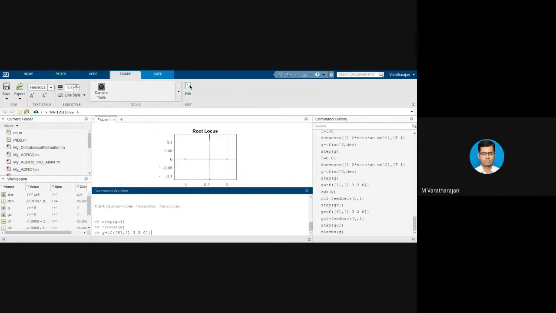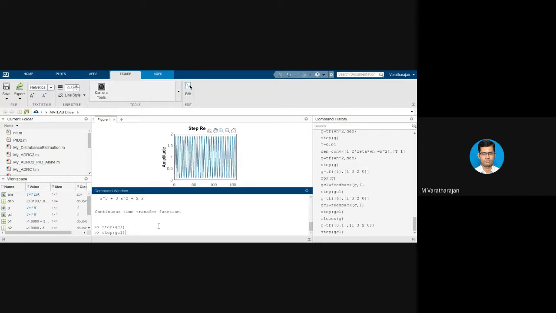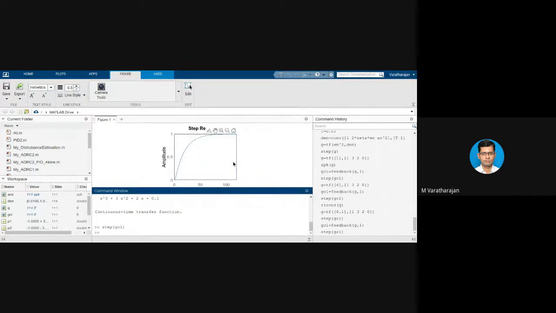Let me sketch the response for a low value of k. Let k equal 0.1. Get the closed loop response. Calculate GCL. If you find the closed loop response, it is more or less an over damped behavior.